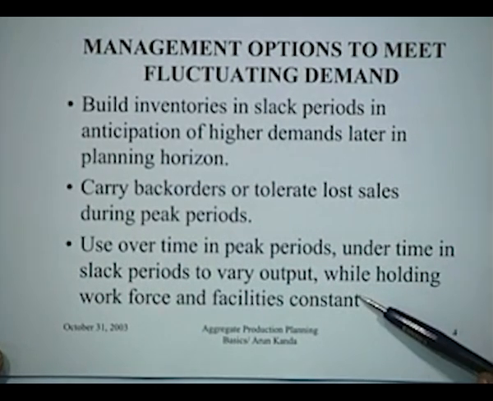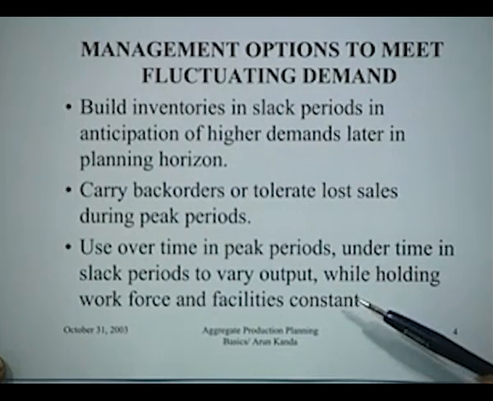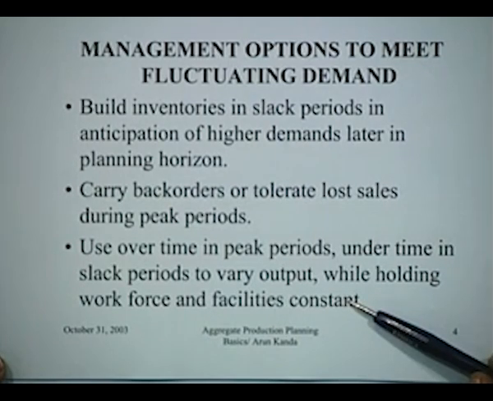I think another point that needs to be mentioned in the context of aggregate production planning is that normally we are not talking about the option of increasing machinery and other kinds of infrastructure within your plant. For instance, if there is an increased demand for something, one option might be to set up another factory.